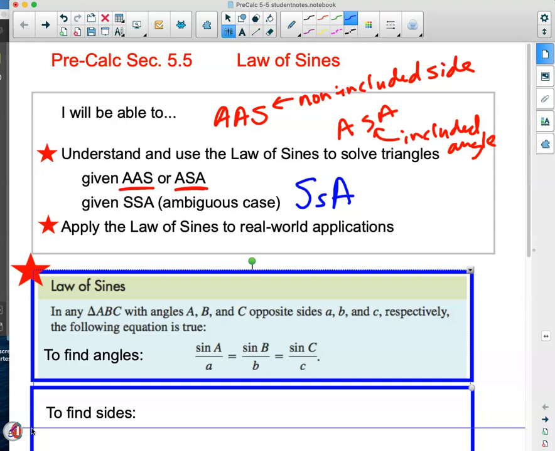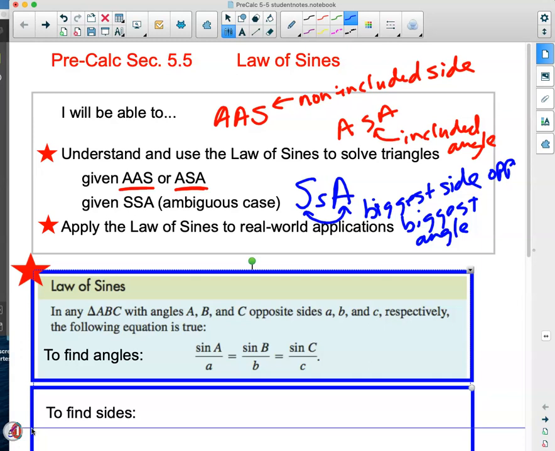Side-side angle only works for congruent triangles if the biggest side is opposite the biggest angle. So the biggest side has to be opposite the biggest angle. That is the only way you can use side-side angle.